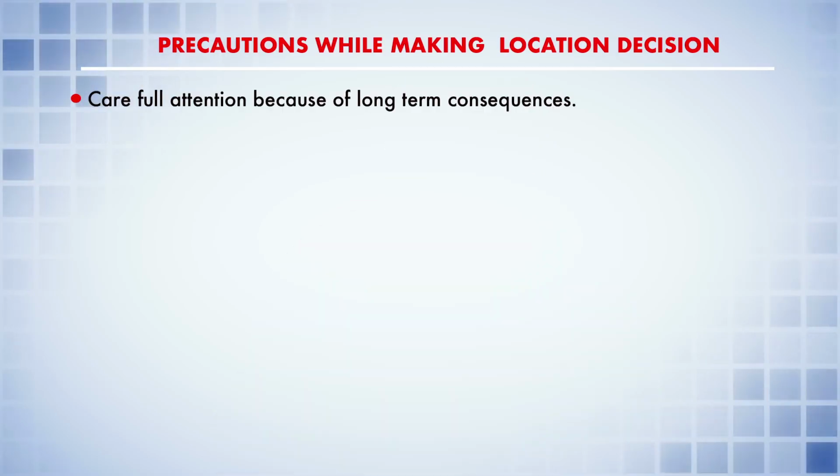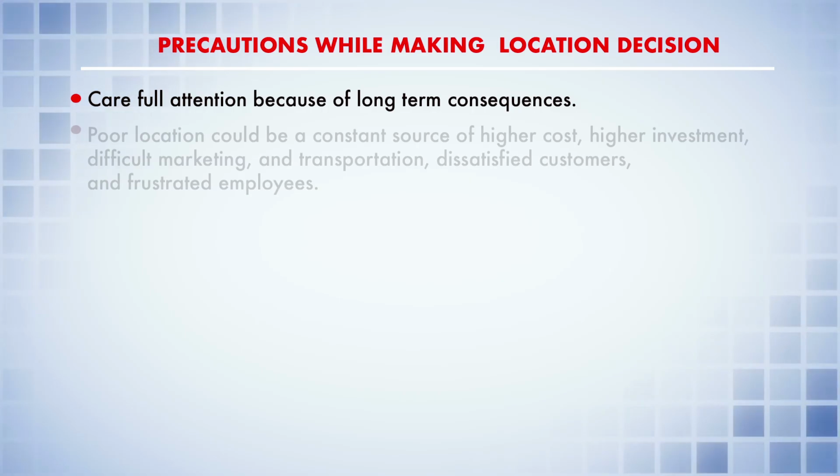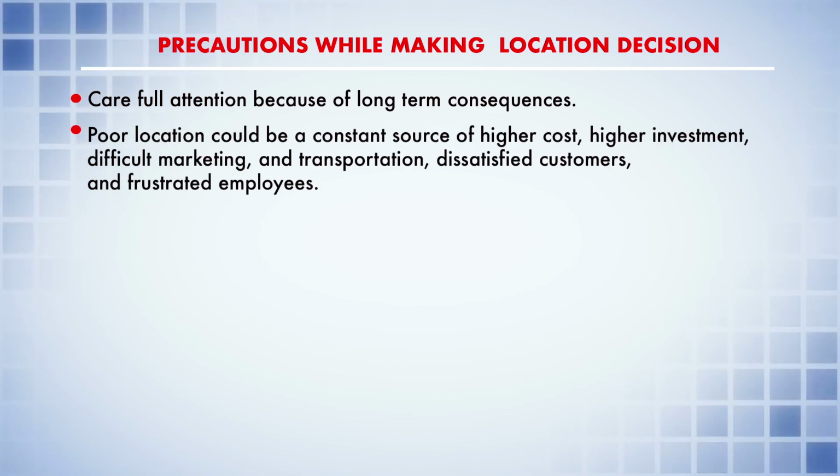Now, what are the precautions one has to take while making the location decision? You will appreciate that this is a long-term decision. If your selection is poor, that will affect the future financial position of the unit.